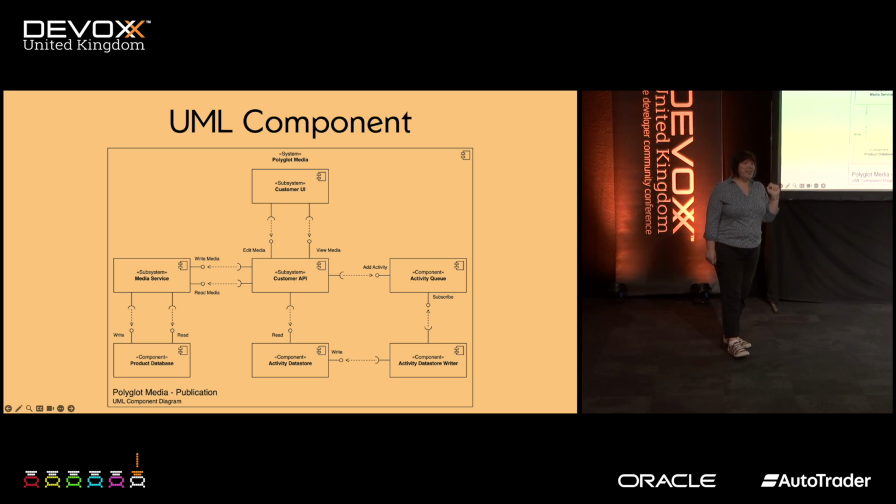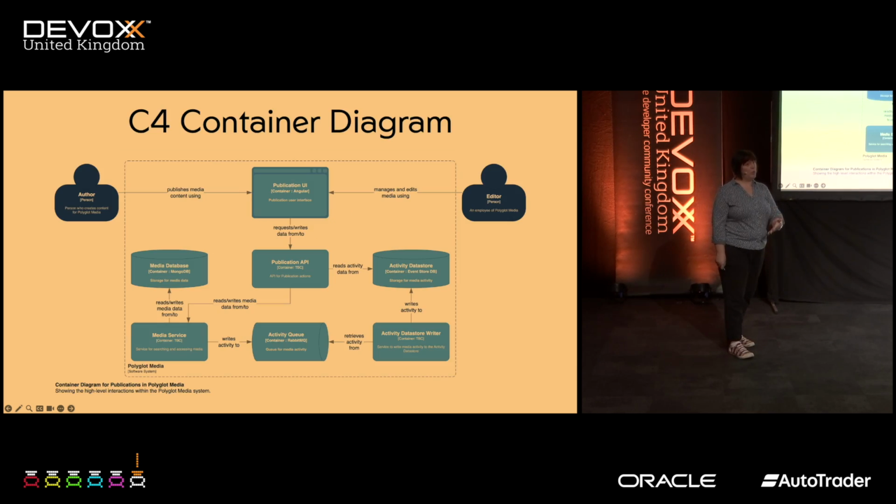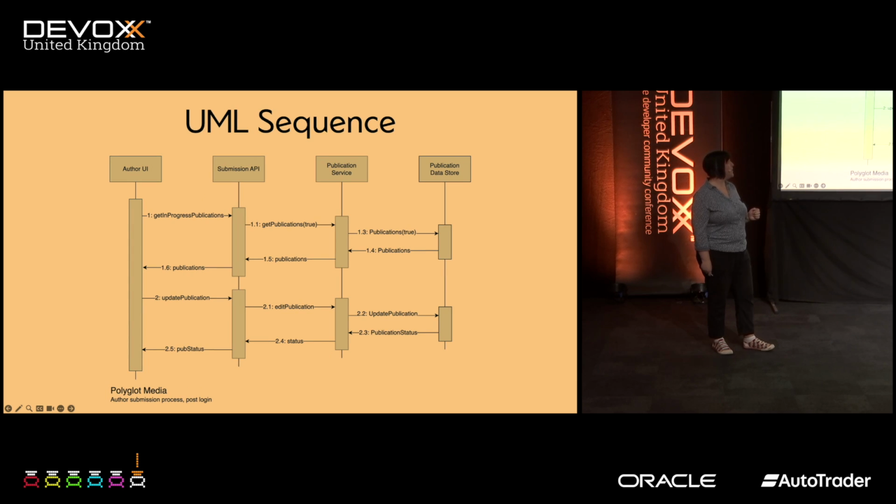And it was really fiddly to do because tools aren't made for doing all these tiny little lines and the different types of arrows. So what we need to do is keep it simple and straightforward and think about what we're trying to communicate and to who. This diagram shows you basically the same information. But everybody can understand that. You put a key in, even better, as I was talking about earlier.